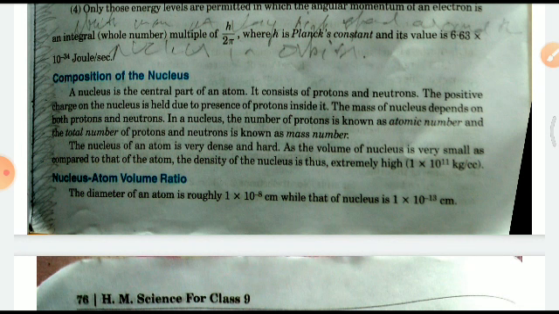Then, going by composition, the nucleus is the center part of the atom. It consists of protons and neutrons. The positive charge on the nucleus is due to the presence of protons inside it.